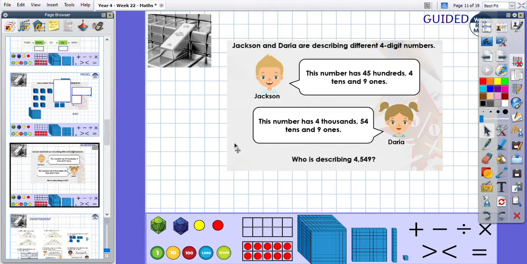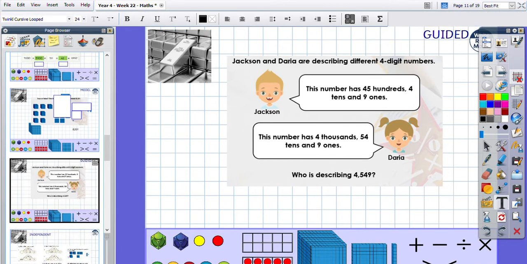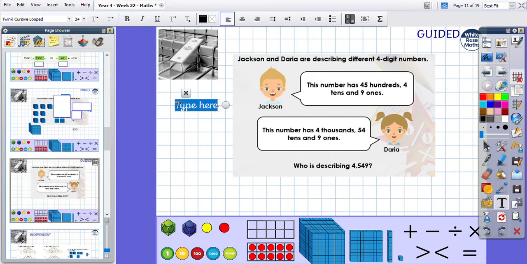Okay then, our second question. Jackson and Daria are describing different 4-digit numbers. Jackson says he has 45 hundreds, 4 tens and 9 ones. Daria has got 4 thousands, 54 tens and 9 ones.